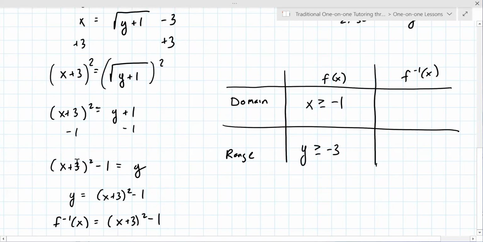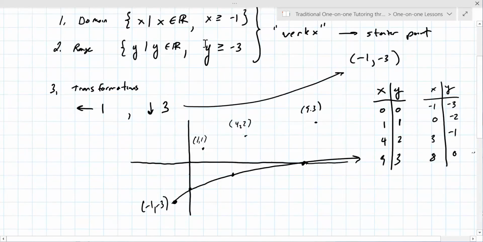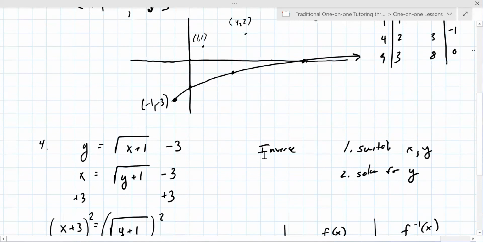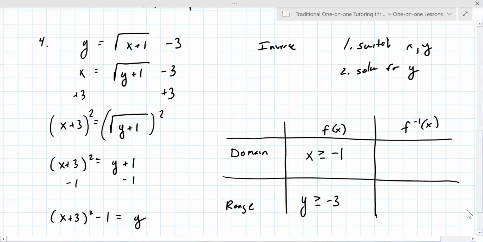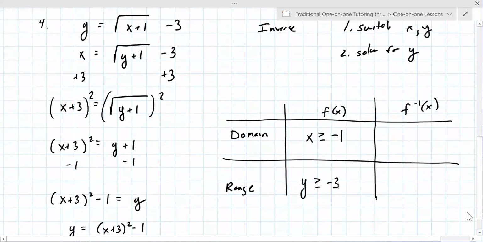To be clear, you need to write it in this form up here, but we want to get the values first. There's a relationship, basically diagonally related. The domain of the original function is the range of the inverse. But you can't use x down here, so you use y.